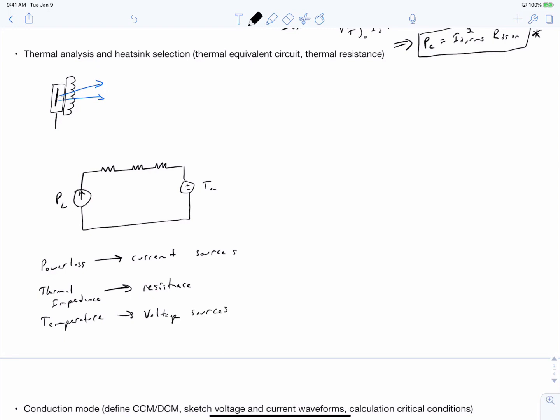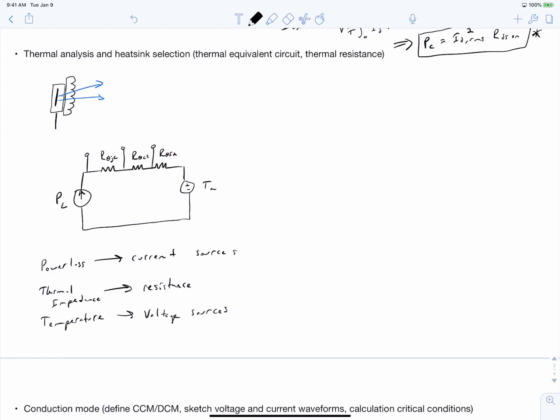So for this model that I sketched here, the first resistance would be R theta junction to case. The second resistance would be R theta case to sink, and the third resistance would be R theta sink to ambient. And if we were to measure the voltage at any of these points, we could determine the temperature at that point.